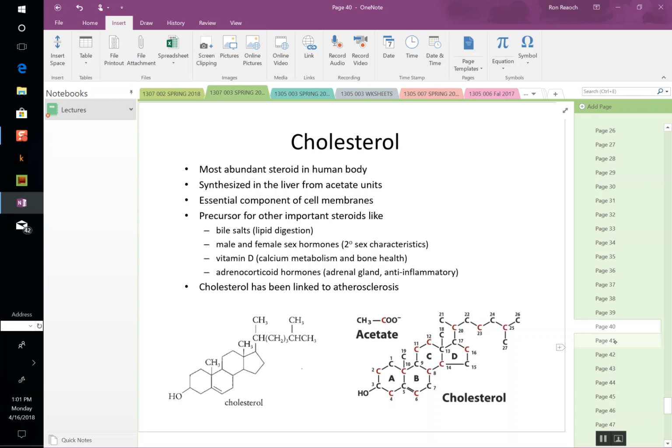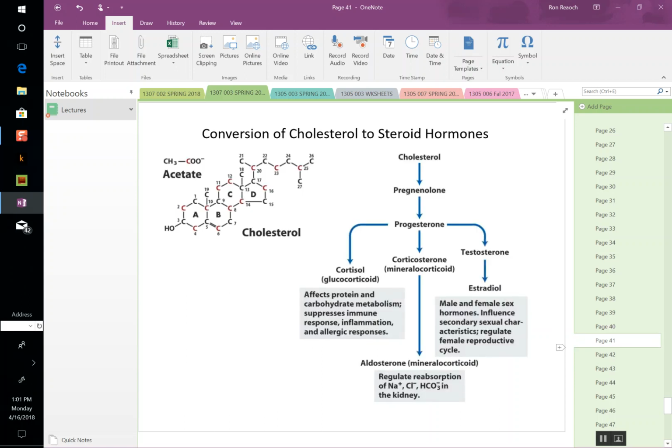There's cholesterol. So cholesterol, right here, we would refer to as the precursor. This is the molecule that your body, in a metabolic pathway, would pull in cholesterol, make pregnenolone, progesterone. From the progesterone, you can make cortisol, testosterone, mineralocorticoid, which has a lot to do with reabsorption of various ions in the kidneys.